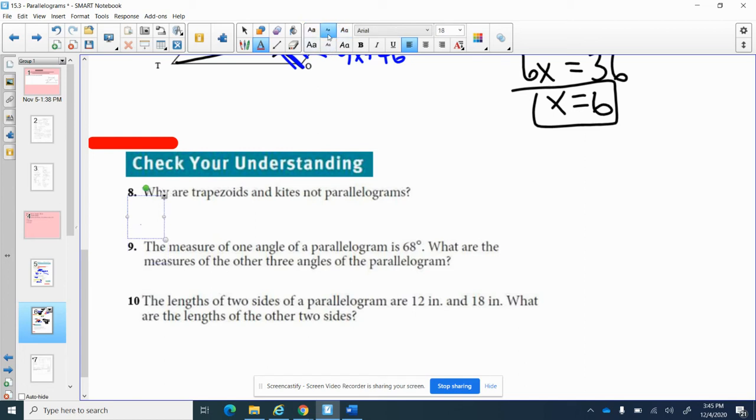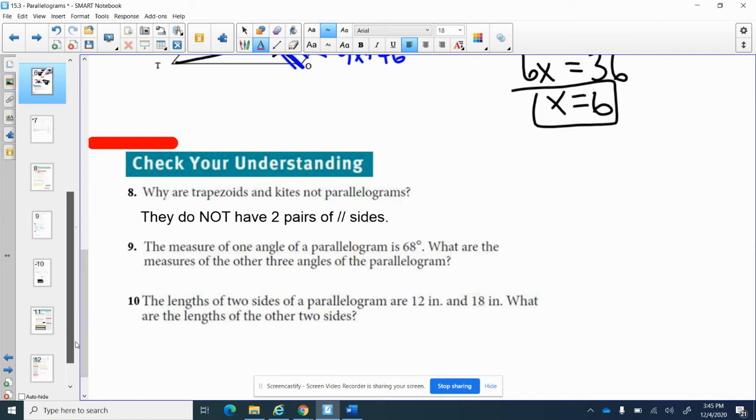So the reason that these are not going to be part of the same category is they do not have two pairs of parallel sides, right? Our kites have no pairs of parallel sides, and the trapezoids only have one, okay?